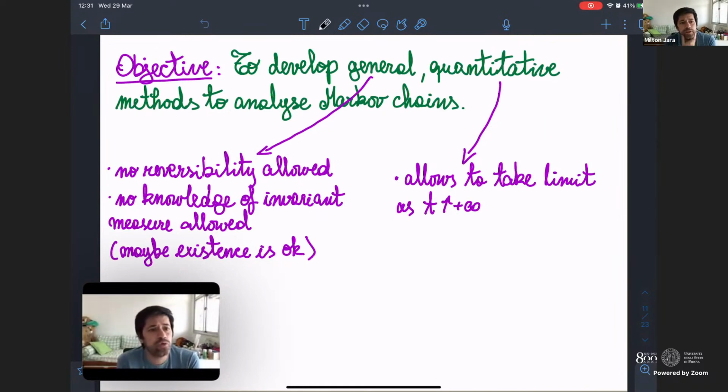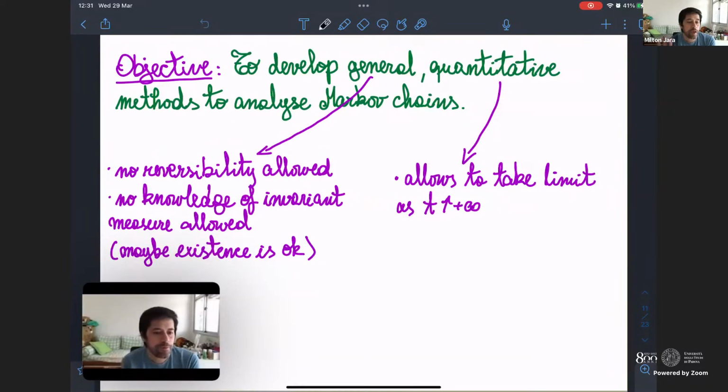We want to develop these quantitative methods to analyze Markov chains, and the rules of the game are the following. We cannot use reversibility, because we want to study non-equilibrium stationary states, which are not reversible. We cannot make use of knowledge of the invariant measure, because in general we don't know it.